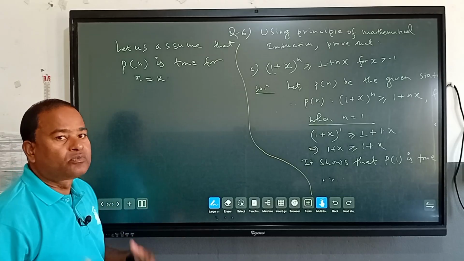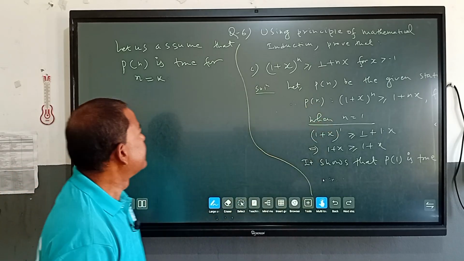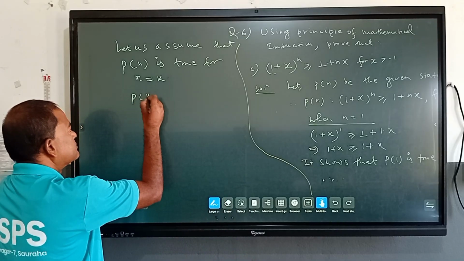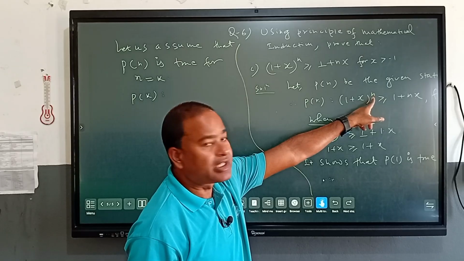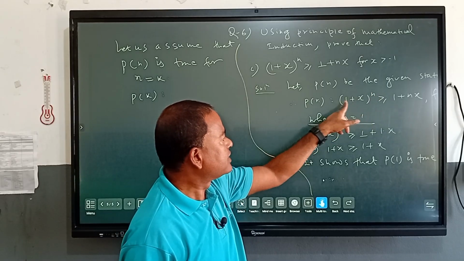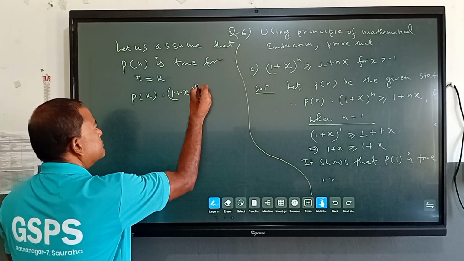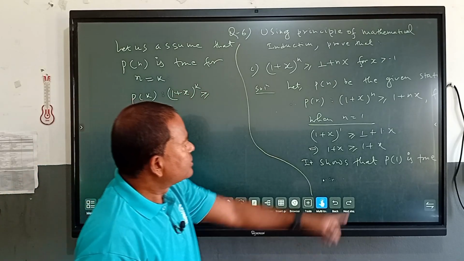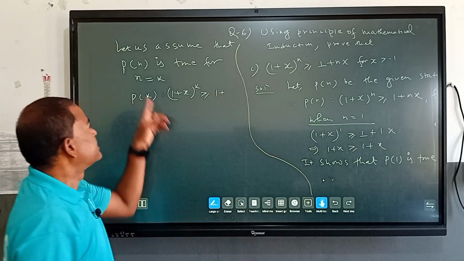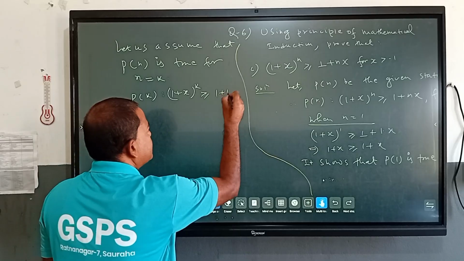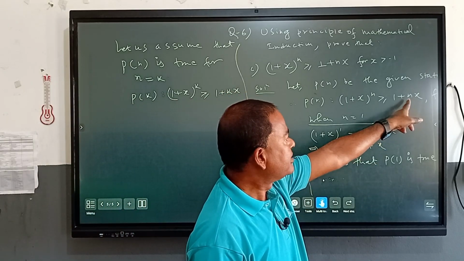So dear students, now we put the value of n as k in the given statement, then it will be Pk, such that (1 plus x) whole power k is greater than or equal to 1 plus kx.